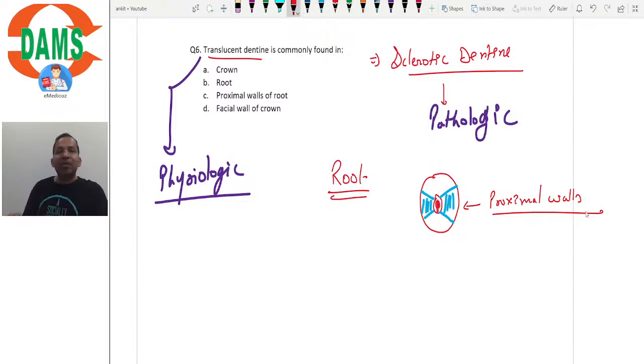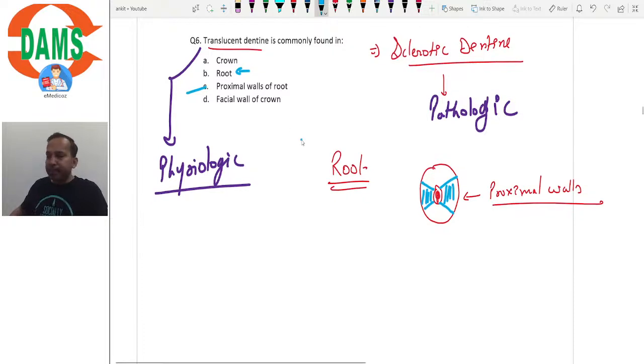So that is the translucent dentin, and hence the correct answer here would be option C, proximal walls of the root. Now we do have an option root, but option C is more specific. So it is commonly found on the proximal walls of the root. Clear?